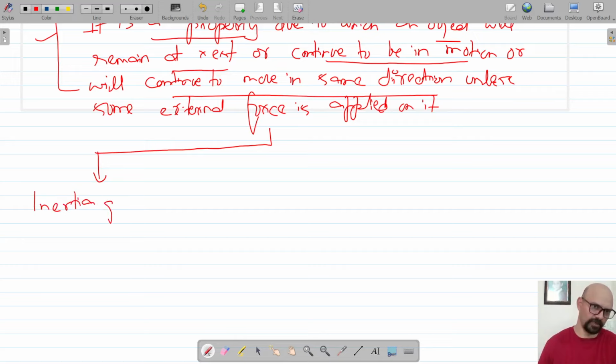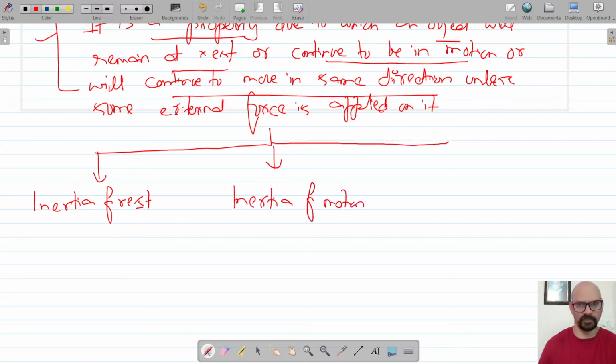The property which keeps an object at rest unless some external force is applied is called inertia of rest. And the property which keeps an object in motion unless some external force is applied on it is called inertia of motion. And the third one is the inertia of direction, so that an object will continue to move in a particular direction unless some external force is applied on it to change the direction.